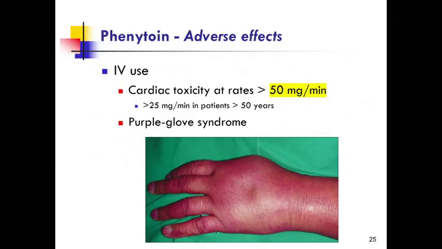Then also a very rare syndrome, but can occur, purple glove syndrome. You infuse the agent and the area that you put the needle, the area you set the line to, you find that the place swells and becomes purplish black. Very painful. Occasionally, the problem can progress to necrosis, which may eventually warrant amputation. Okay?